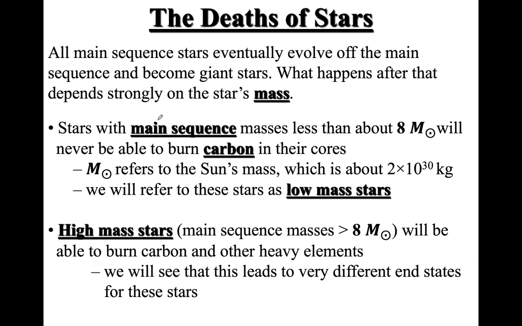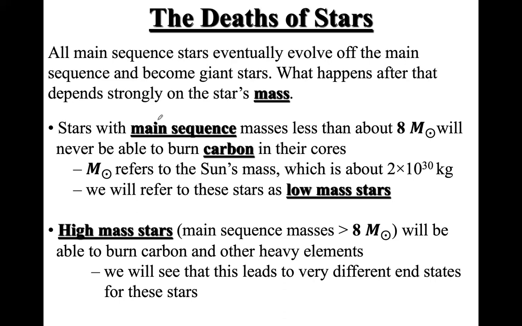And then in the core, you have the helium, and these stars will be able to burn helium into carbon. But after that, for these low mass stars, which are less than 8 solar masses on the main sequence, they will never be able to burn carbon in their cores, right?